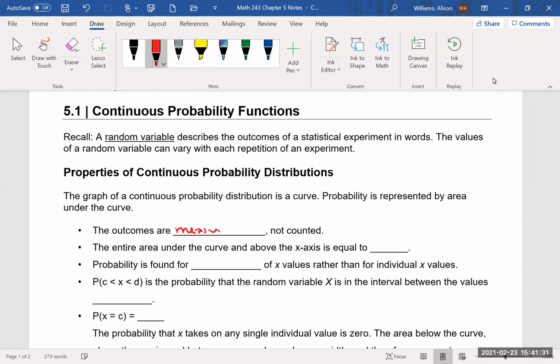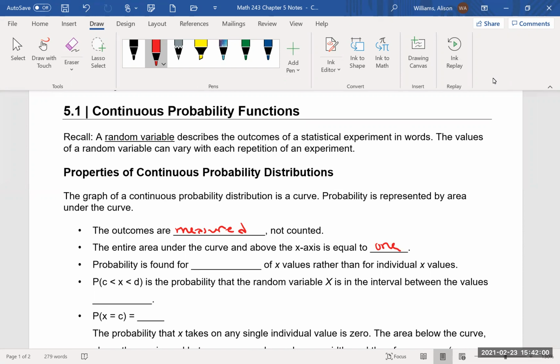So because we are looking at continuous data, decimals, we are doing measurements, not counting. Okay. The entire area under the curve and above the x-axis is equal to 1. And the reason is, if this is supposed to represent probability, then it's supposed to represent all probabilities or 100% of all possibilities. So it equals 1 when you talk about it as a number rather than a percent.